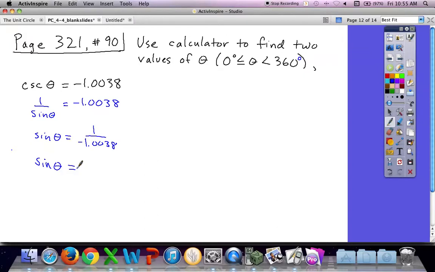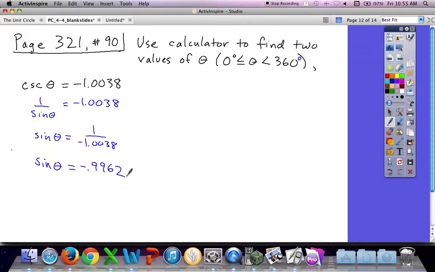Let me see. .9962. Okay, no, that's good. Negative 0.9962. I was thinking one step ahead because I've already done this problem.